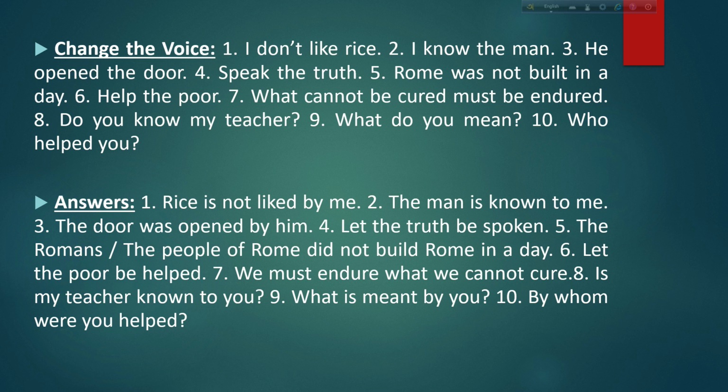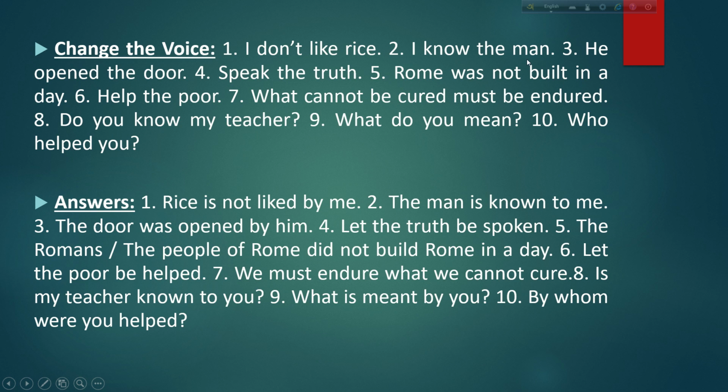Rice is not liked by me. First of all, rice, the object here, is taken as the subject. Then the helping verb is according to the subject and tense, then not, as it is a negative sentence, and the main verb in past participle form liked, after that by, and after that the subject changes into an object and its objective form me. So rice is not liked by me.